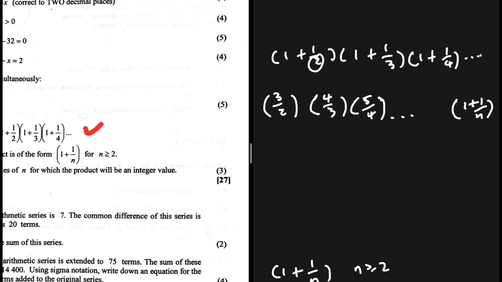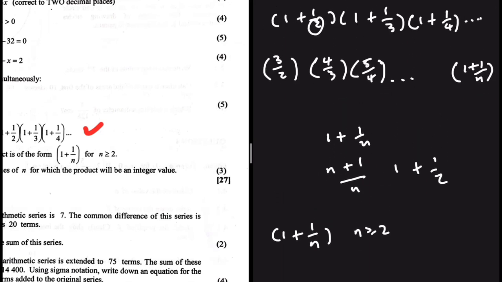Let me show you how. 1 plus 1 over n is the same as n plus 1 over n, because if we give both those two terms on the numerator a denominator of n, we end up with 1 plus 1 over n. So instead of writing 1 plus 1 over n, we can write n plus 1 over n.